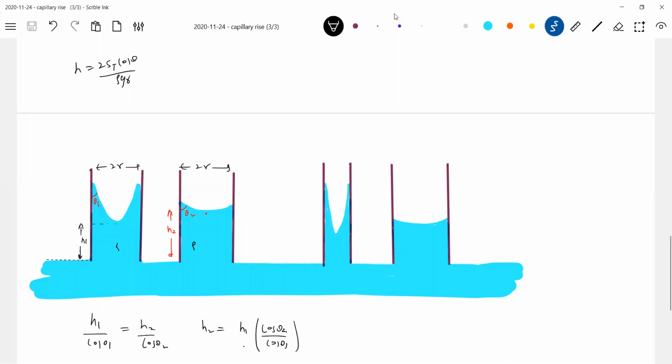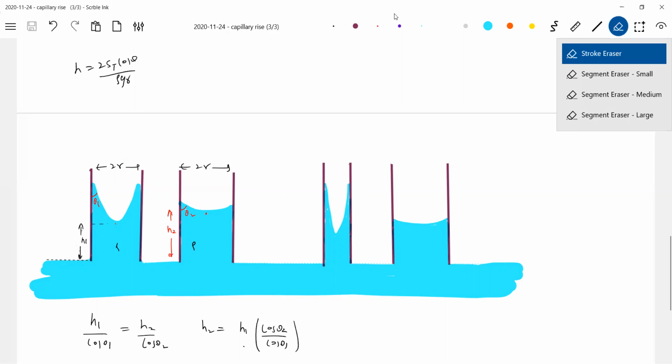Okay, we'll do one thing. I'll do an adjustment. H1 by cos theta 1 equal to H2 by cos theta 2. I'm showing theta 2 more than theta 1.